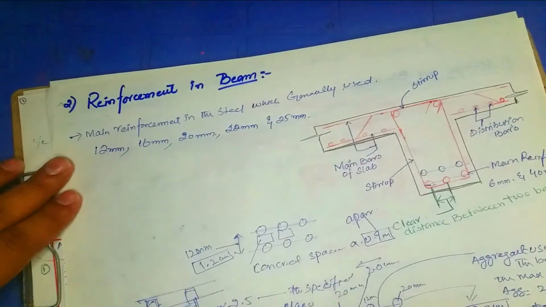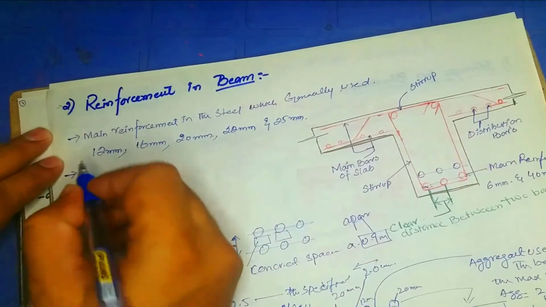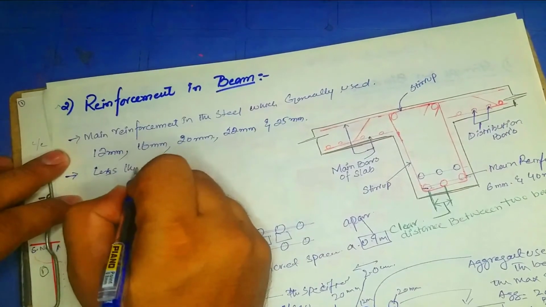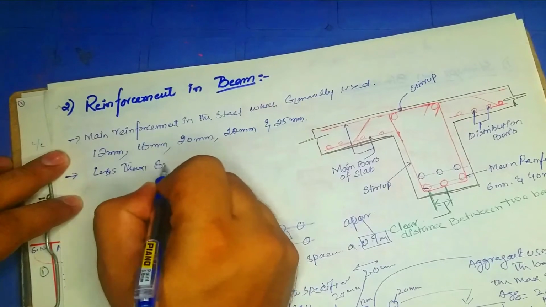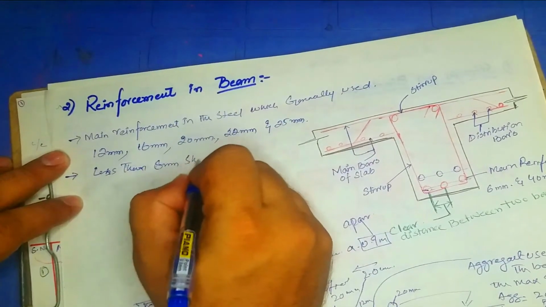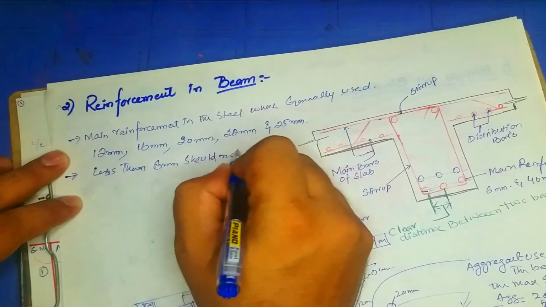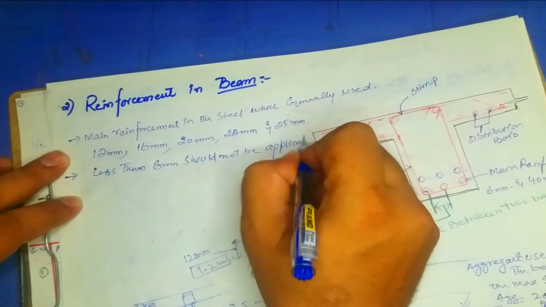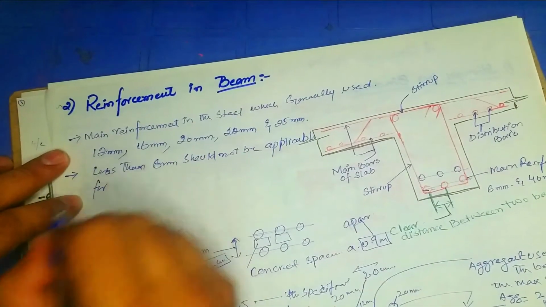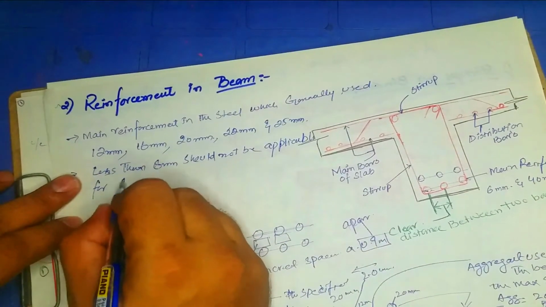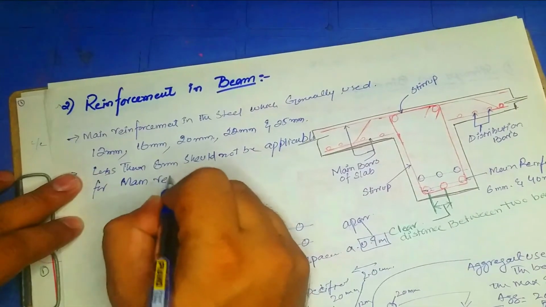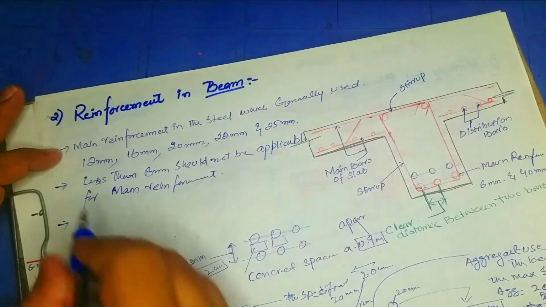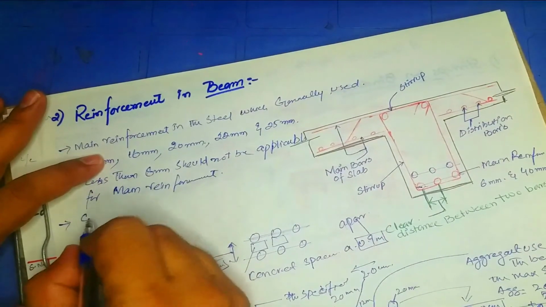So you must know that steel reinforcement less than 6 mm should not be applicable for main reinforcement.